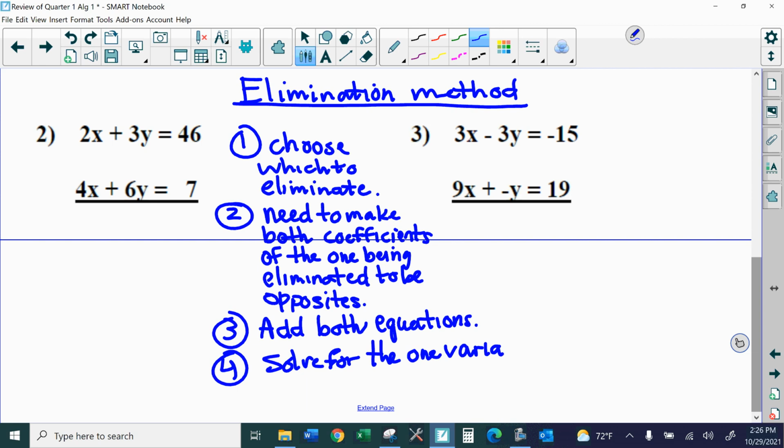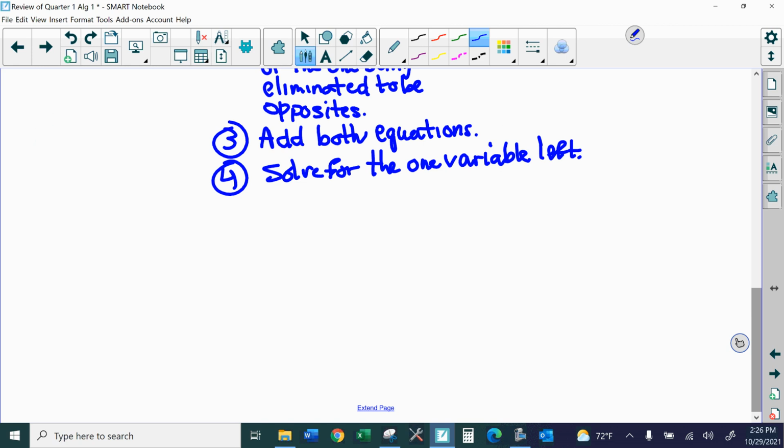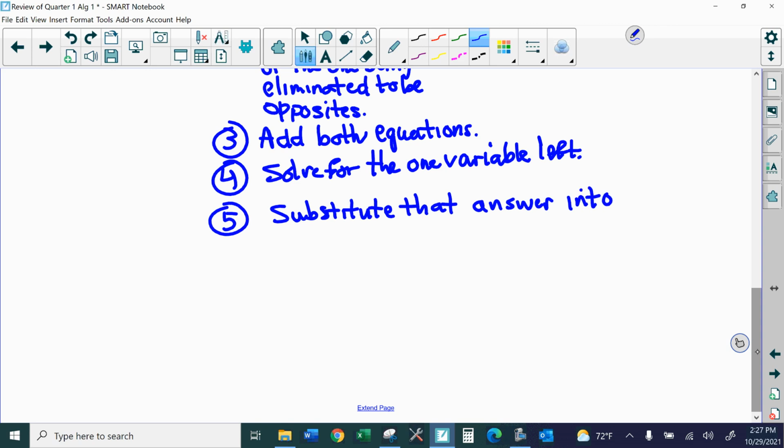You just wiped out the one you chose to eliminate, one variable left. Fifth, substitute that answer into one of the equations and solve for the other variable.